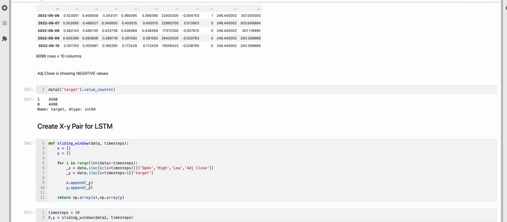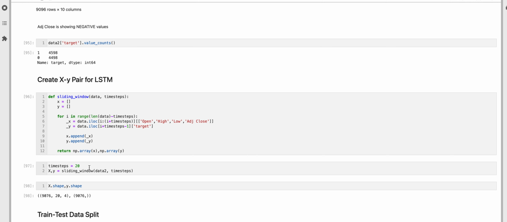Next, we define a sliding window to form the XY pair for the LSTM trading. The inputs are the open, high, low, and adjusted close. If you want, you can include the volume, and we did not include the volume for simplicity's sake.